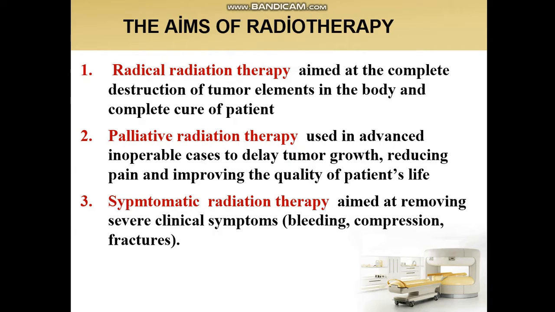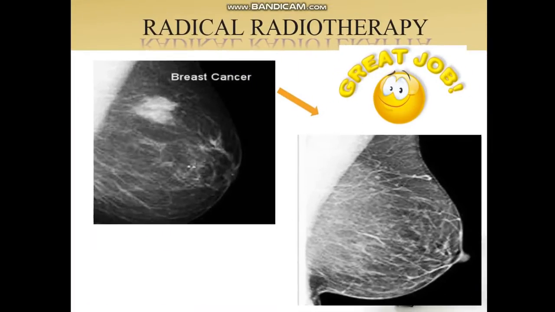A short course of radiotherapy is an excellent treatment for the palliation of bone pain, brain metastasis, and compression of vital structures such as the spinal cord, for example. That's symptomatic radiotherapy, aimed at removing clinical signs such as bleeding, compression, and fractures.